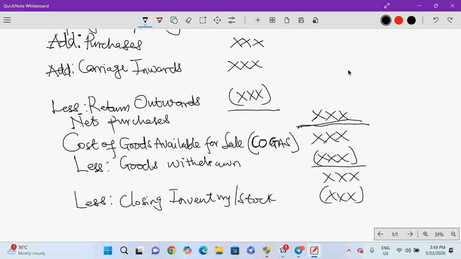No, it will not be the same. Therefore, it will reduce. So we have to reduce the inventory we have in our business. That's why we are deducting the goods from the inventory, to know the true inventory we have in the business. Do you get it now?